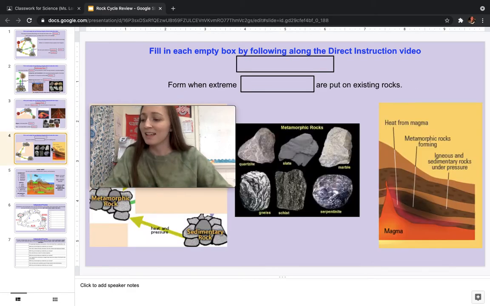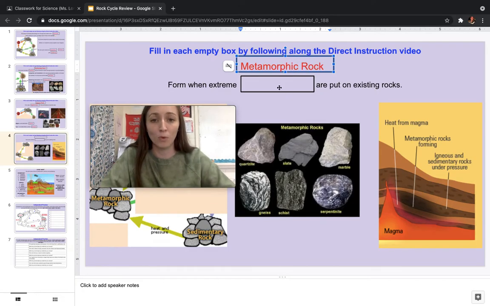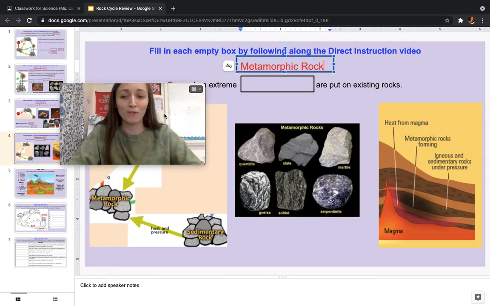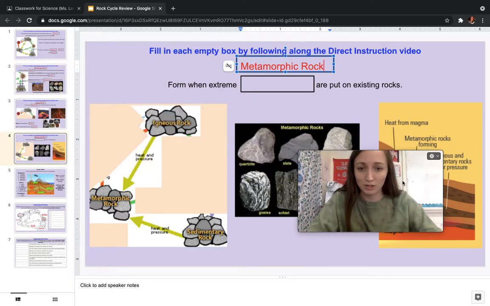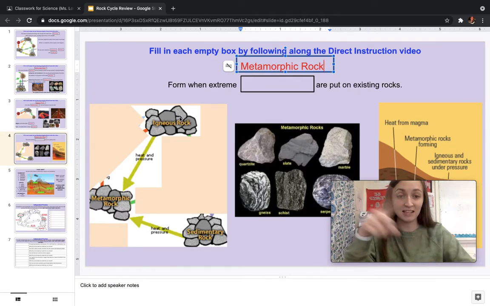Sweet. The last type of rock, and I know this is the one we kind of struggle with, but no worries, we're going to get it down, is the metamorphic rock. Metamorphic rock. So what a metamorphic rock is, it starts, where do I put myself? It starts as either an igneous or sedimentary rock and turns into a metamorphic rock.